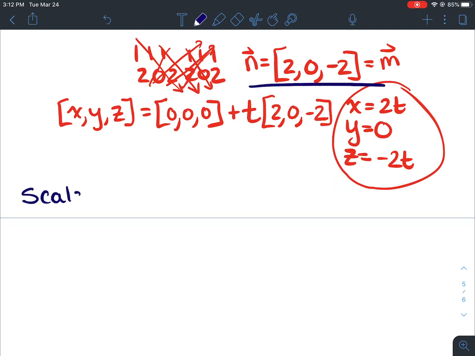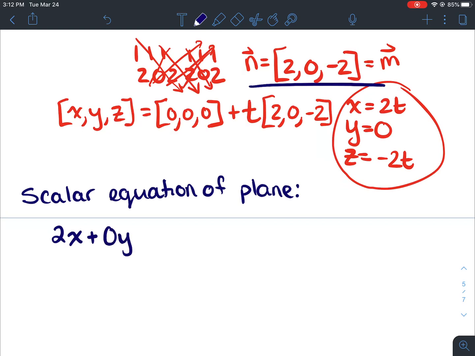To get the scalar equation of the plane, ax plus by plus cz plus d equals 0.